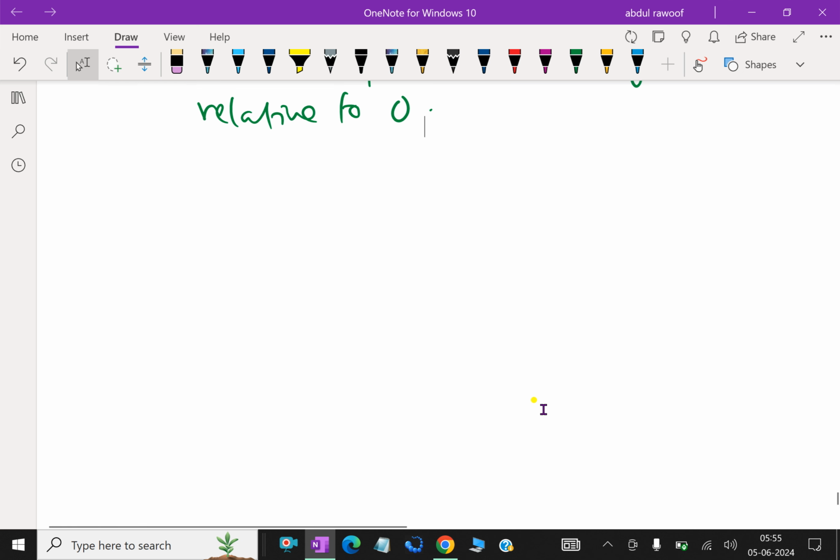Now, some word problems. A quantity of vector with directions. We'll do some examples.